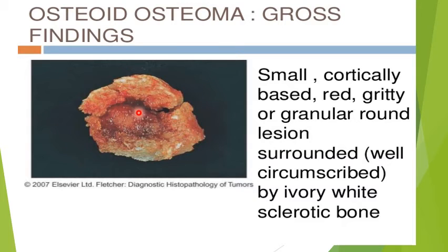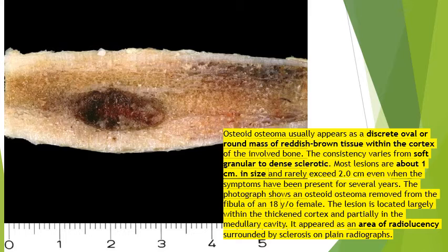There is a red area in the center, and this area is surrounded by this dense bone. This red area in the center is called the nidus, which is small, cortically based, red, gritty or granular, and this is surrounded and well circumscribed by compact, sclerotic bone.